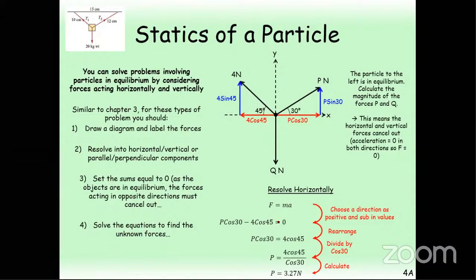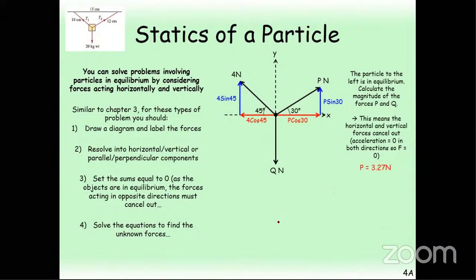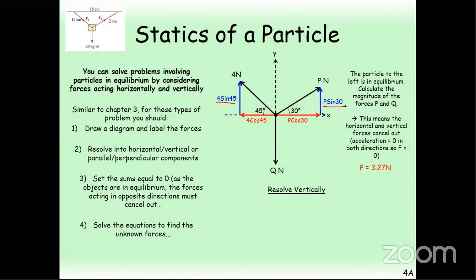So we are now going to resolve vertically. We have these components that are going up, the 4 sin 45 and the P sin 30. Remember we said we begin by choosing the direction.